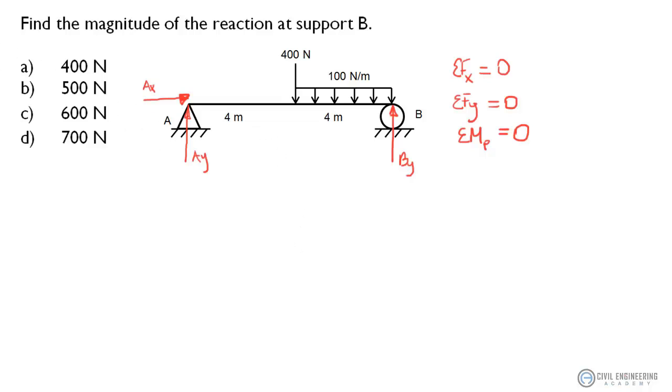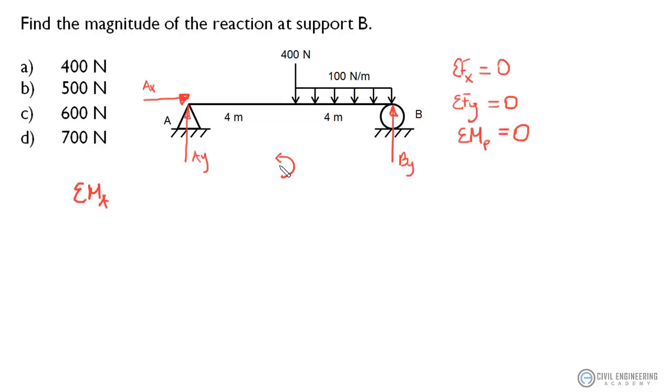Since we are solving for just the reaction at B, let's take moments about point A. That'll take these reactions out of play, and we'll be able to isolate the reaction at B. So if we sum the moments about point A, one other thing is we're going to stick with the following sign convention.